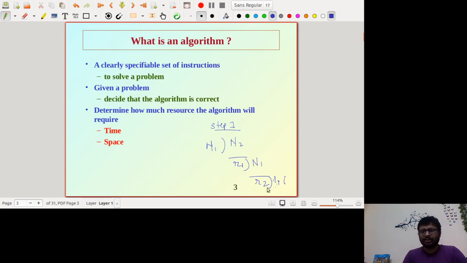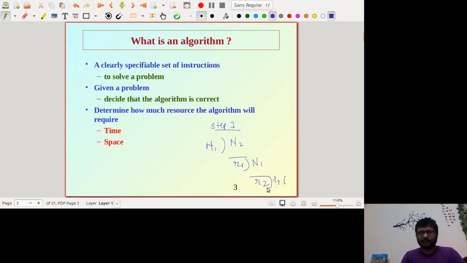And we continue till the remainder becomes 0. At that step, we return the divisor of the last division that we performed. And it turns out that the output of this algorithm is always equal to the GCD of the two input numbers.